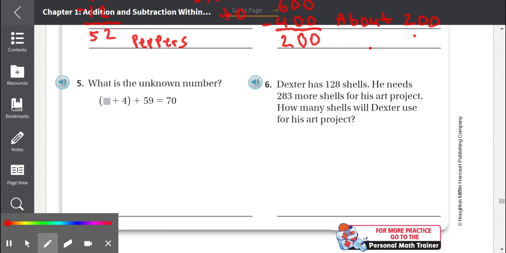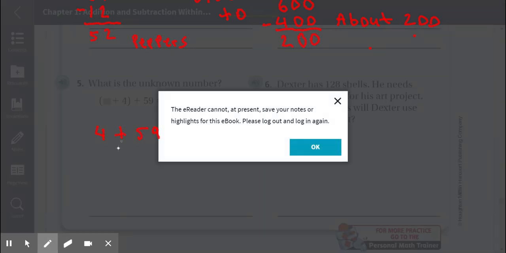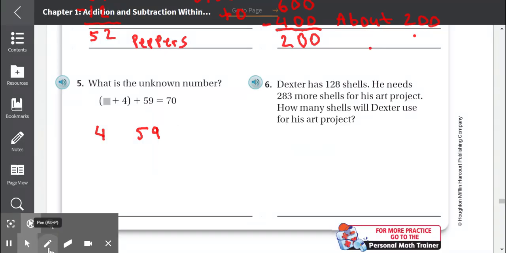So first, let's add 4 plus 59. 4 plus 59 will equal 63.